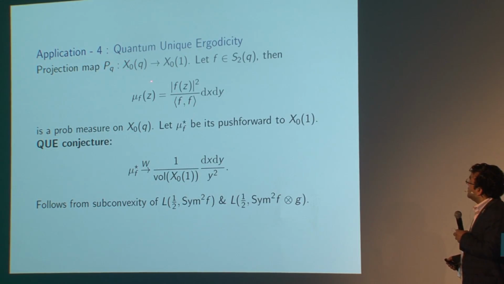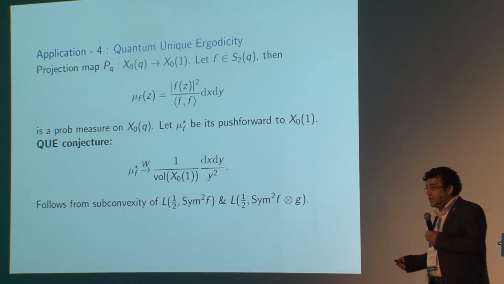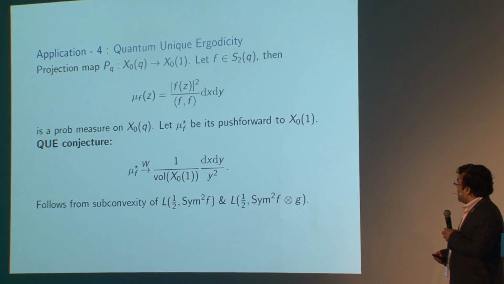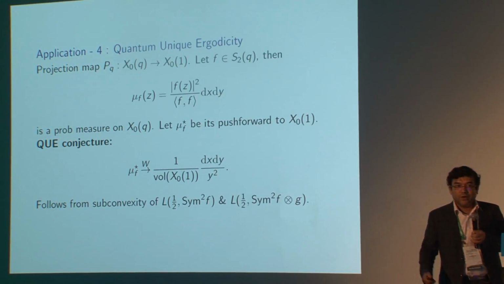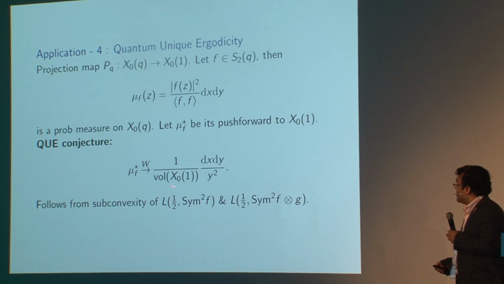Using this projection, you can define a probability measure on X_0(1). Now as you vary q, taking f's at different q's with q tending to infinity, you get different measures on X_0(1). The problem is to find out how these measures are distributed on X_0(1). The conjecture says that they will weakly converge to the uniform distribution.